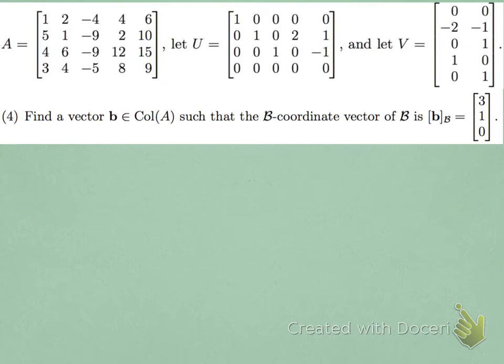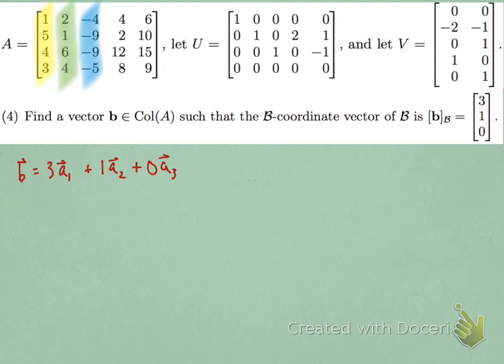Next, let's try to find a vector b whose B-coordinate vector is 3, 1, 0. The basis capital B is A1, A2, A3, the first 3 columns of A. So if its coordinate vector is 3, 1, 0, I need 3 times the first column, plus 1 times the second column, plus 0 times the third column.